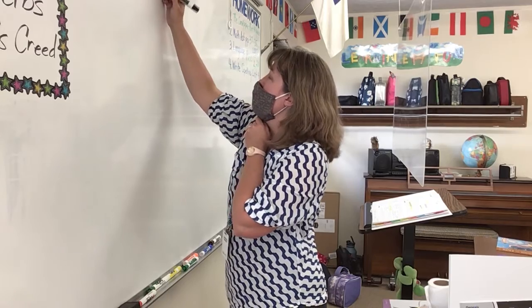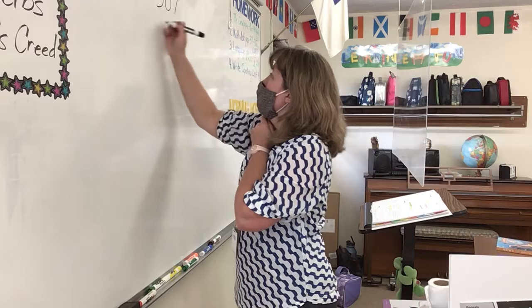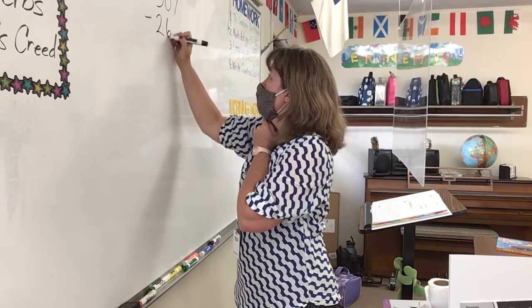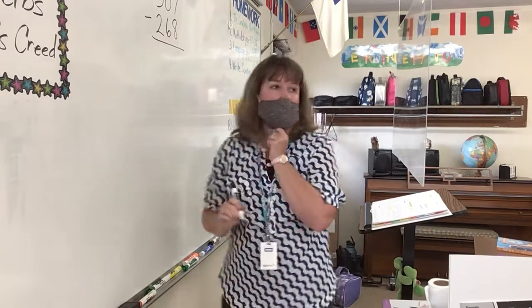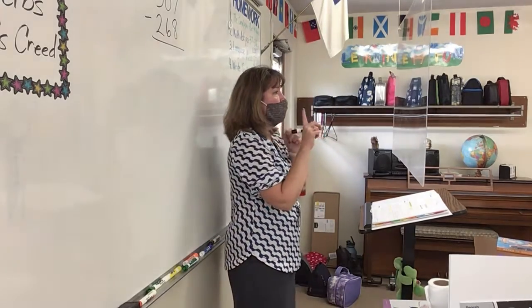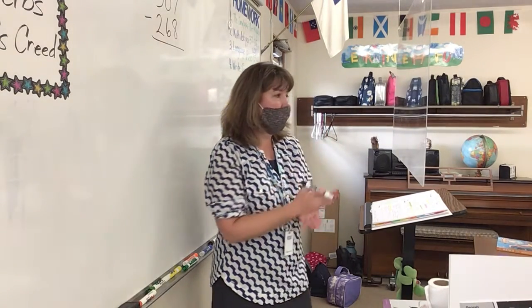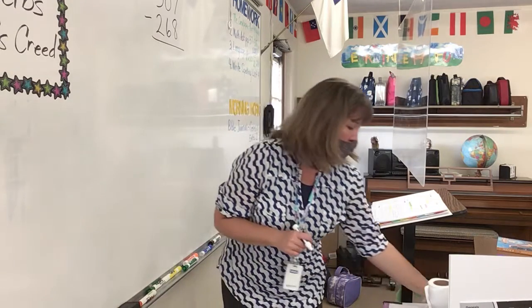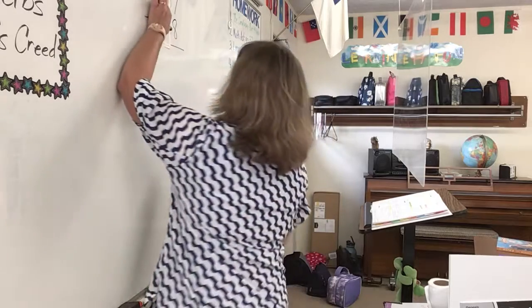Let's say we have 307 minus 268. All right. Now, one place value at a time. Little by little, we solve the problem. What I want you to imagine is that we're only looking at the ones place.